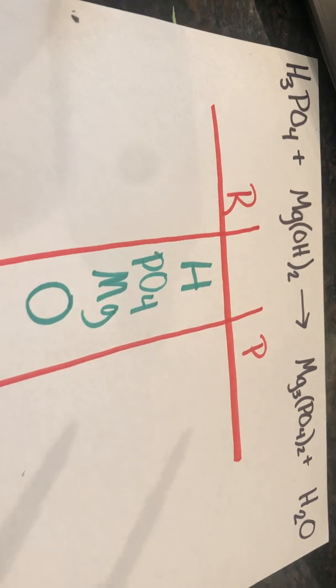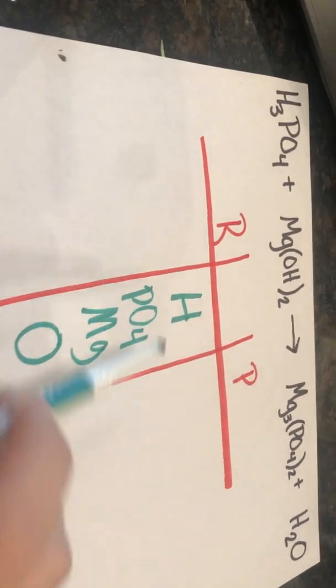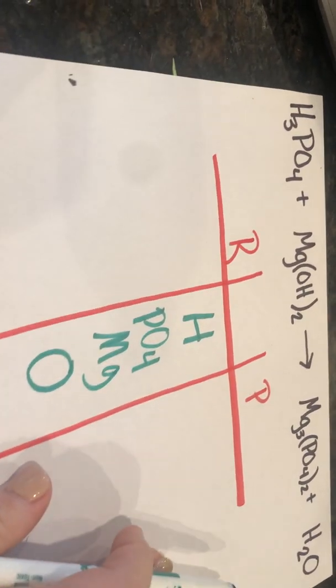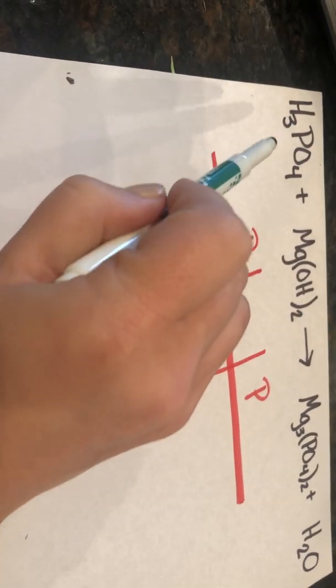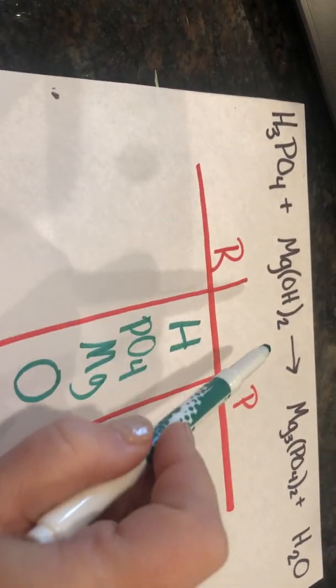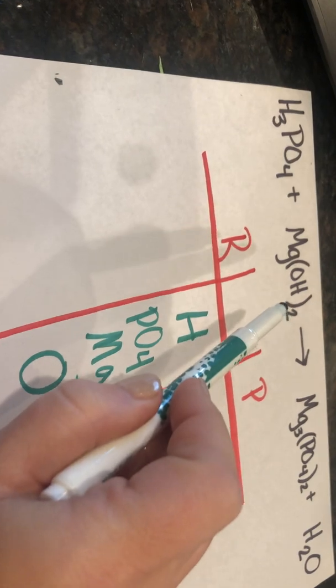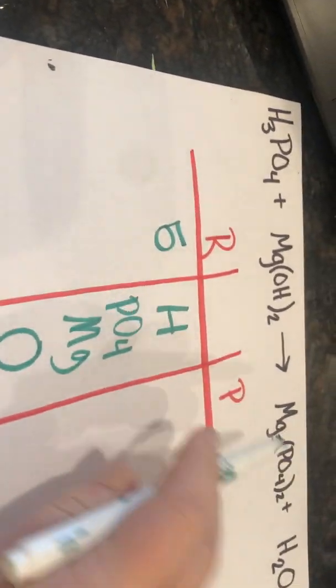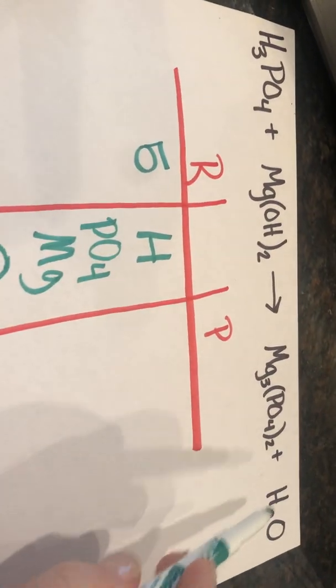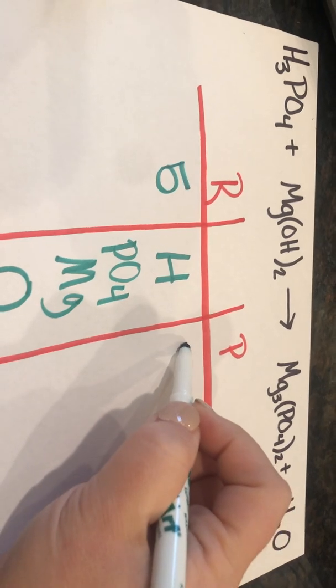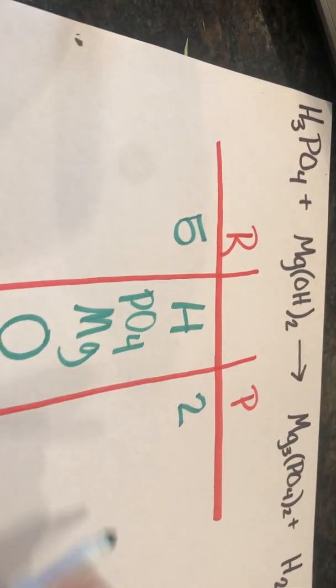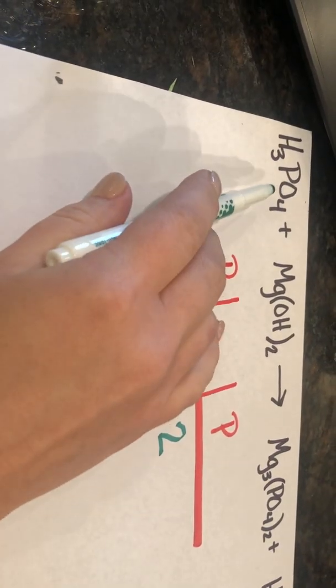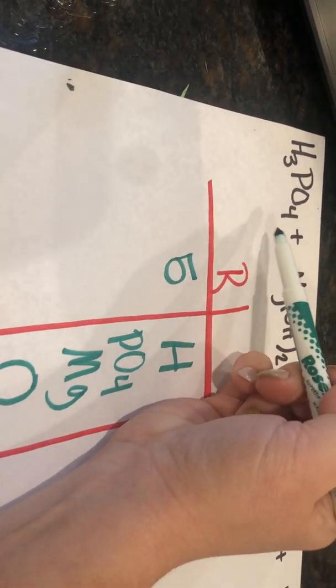So let's count how many we have of hydrogen on the reactant side. We have 3 here, and we have 2 here. 3 plus 2 is 5, right? And over here, 2. Definitely not balanced there. Phosphate, how many do we have over here? Remember, imagine parentheses around it, protect it. There's only 1.